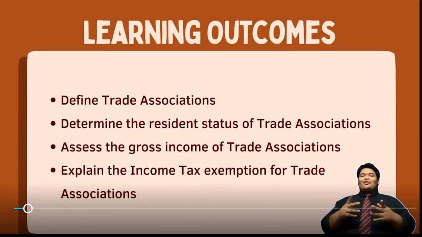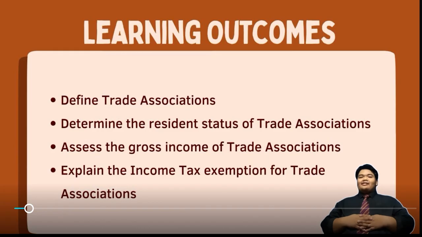Hi everyone. Today we will learn about trade association. You will learn how to define trade association, determine the resident status of trade association, assess the gross income of trade association, and lastly explain the income tax exemption for trade association.